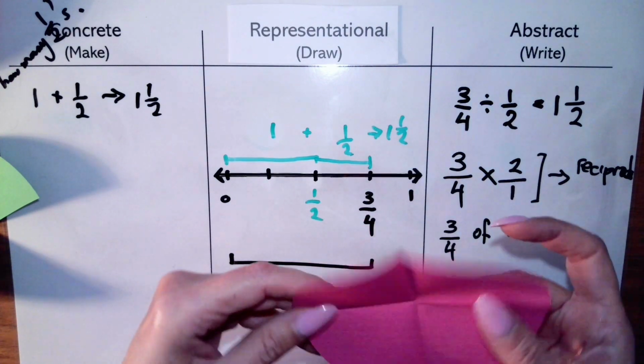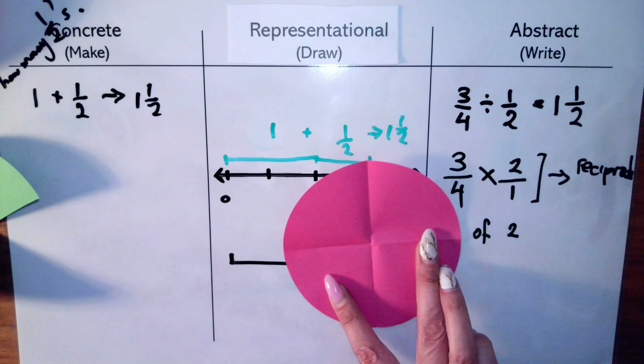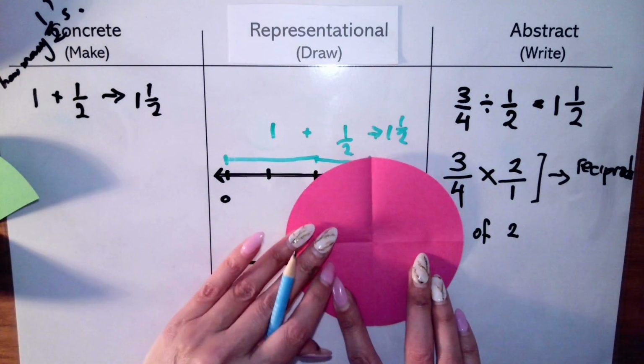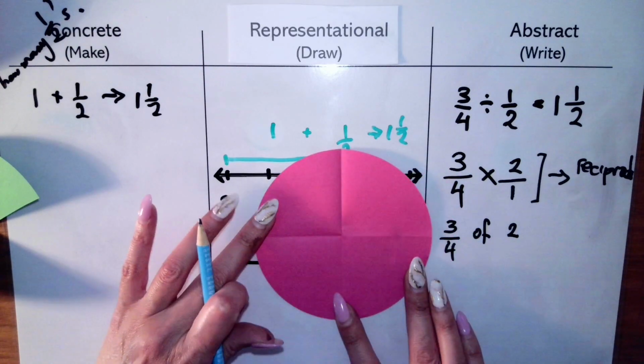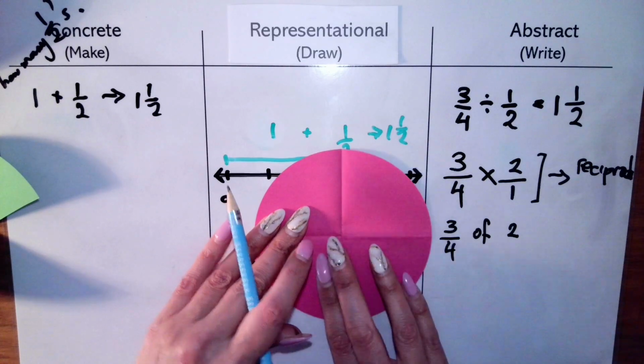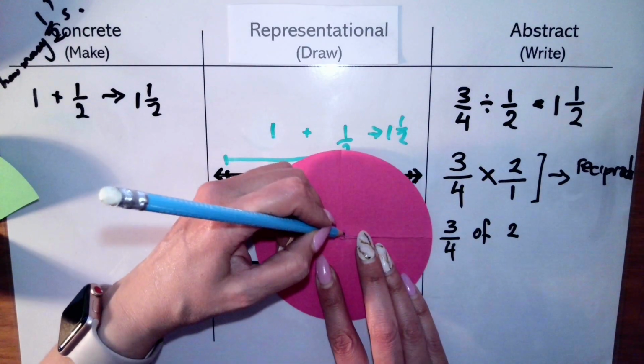When I look at this, what is 3/4 of my 2 halves? It is this.